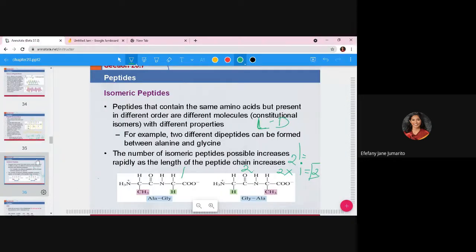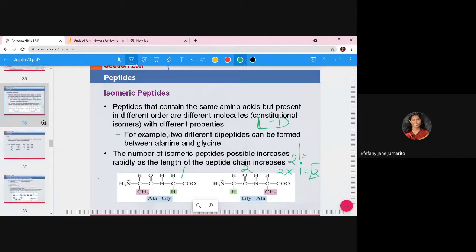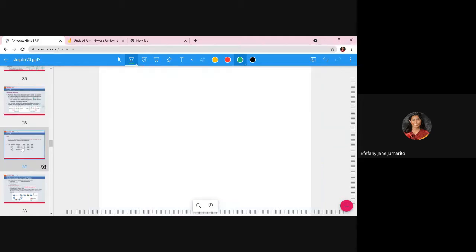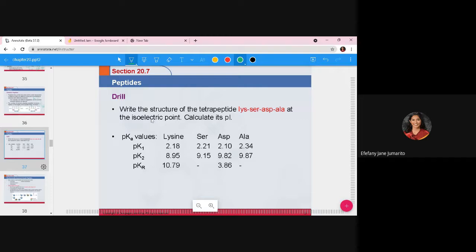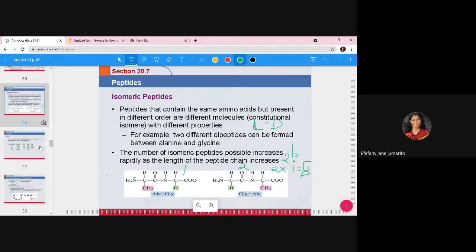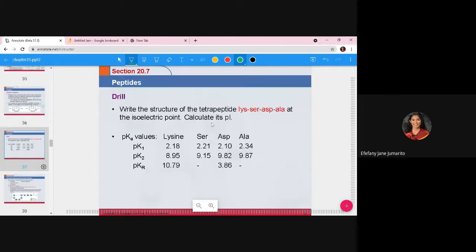So that's isomers. The number of isomeric peptides possible increases rapidly as the length of the peptide chain increases. Now, write the structure of a tetrapeptide at the isoelectric point and calculate the pI also.